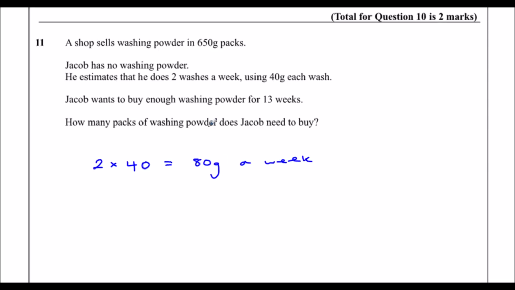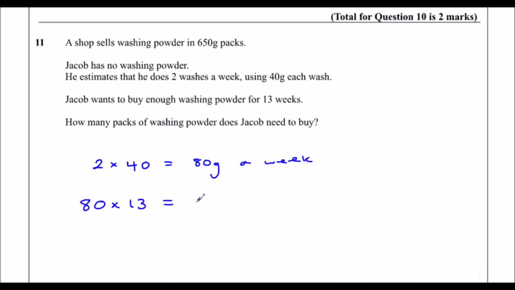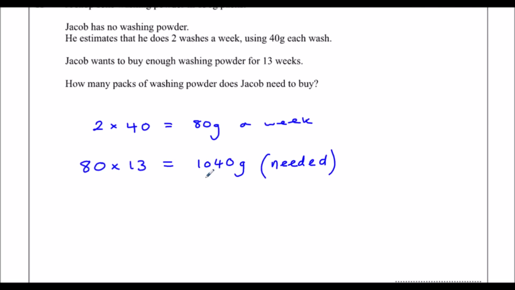He wants 13 weeks. So 80 grams a week for 13 weeks. 80 times 13, 1040. So that's how much washing powder he needs. It's in 650 gram packs. How many does he need?